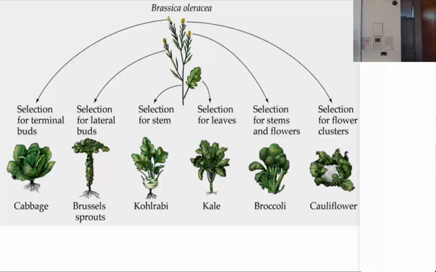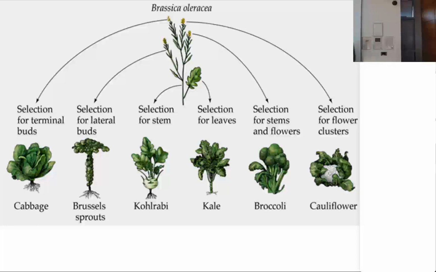So this is wild mustard, right? Occurs naturally in the Middle East. And these things you see at the bottom are the same species, right? These are also brassicas. This is also mustard, essentially. Cauliflower, broccoli, kale, kohlrabi, you may not know that, Brussels sprouts and cabbage.